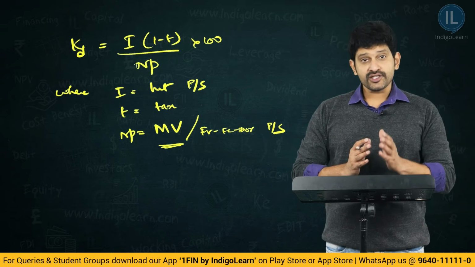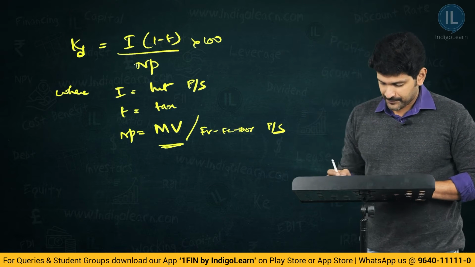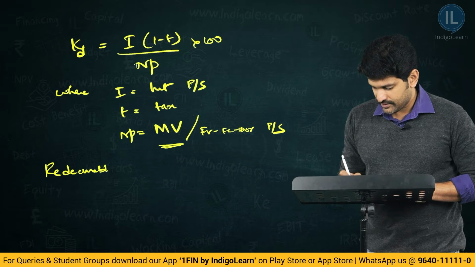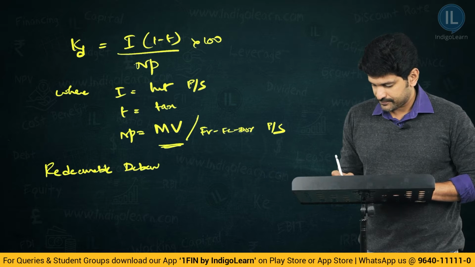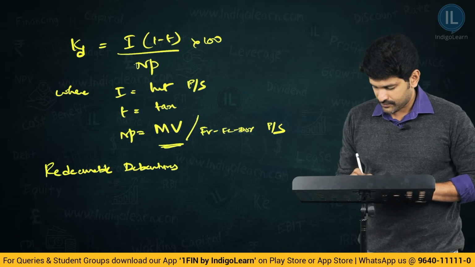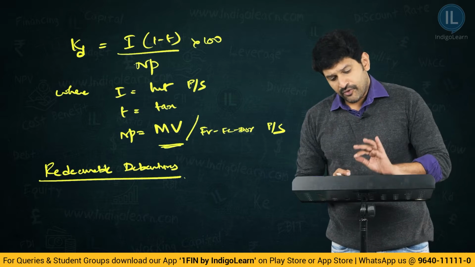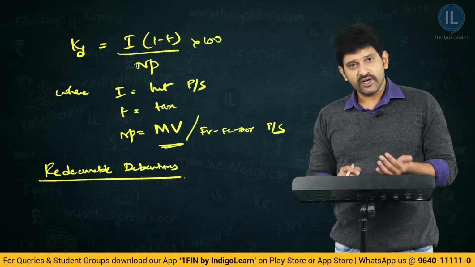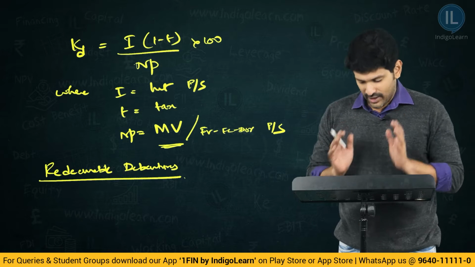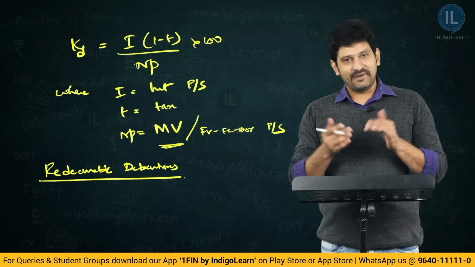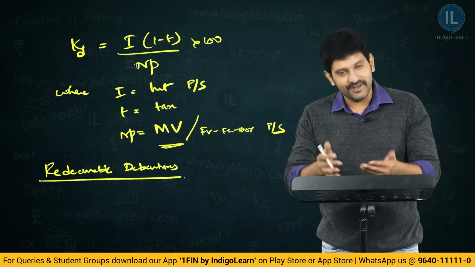Let's now talk about the cost of redeemable debentures. Now, friends, from the formula of irredeemable only, we will derive the formula of redeemable. Now, first of all, what are redeemable debentures? As the very name says, debentures which are redeemable.